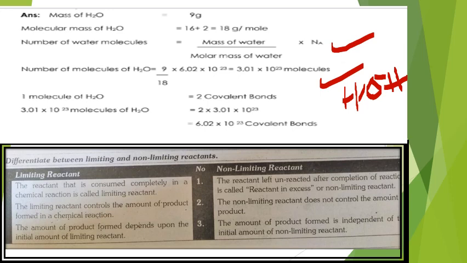And the non-limiting reactant? The reaction is not dependent upon it. It will always be in excess. The amount of product formed, that is the yield, does not depend upon the non-limiting reactant, but upon the limiting reactant.